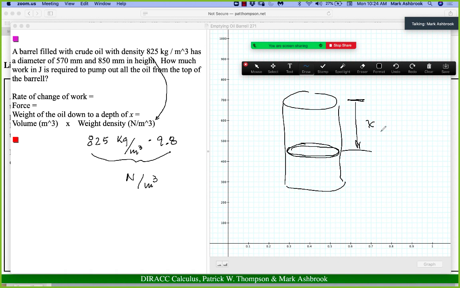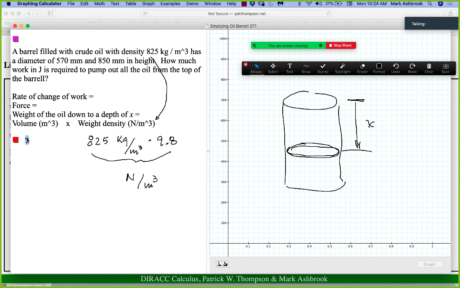So let's set it up. So our rate function, the rate of change of work for x depth, is going to be, what's the volume? It's going to be pi r squared. What's the radius?